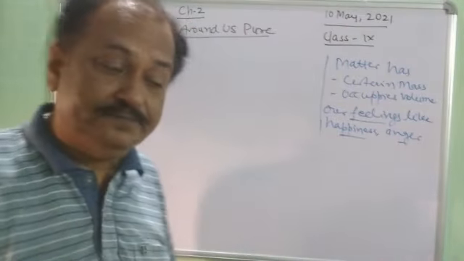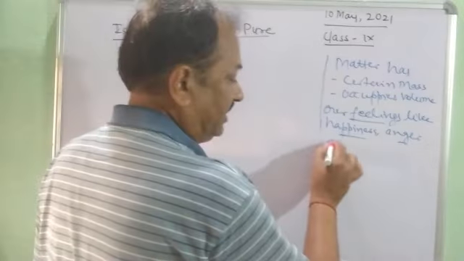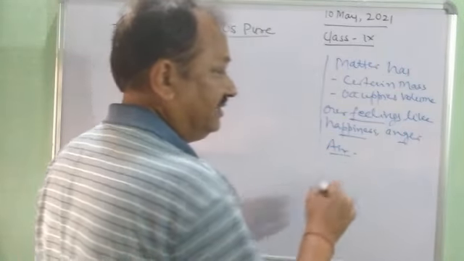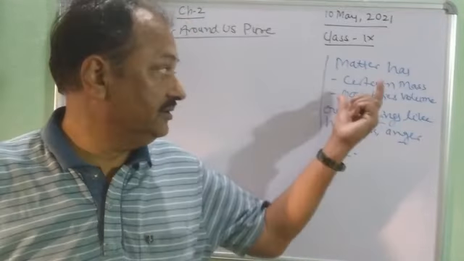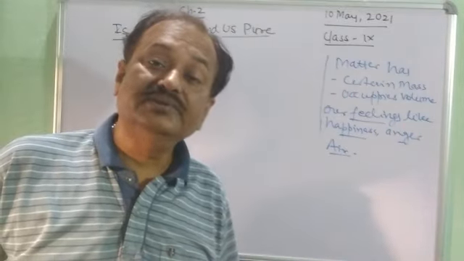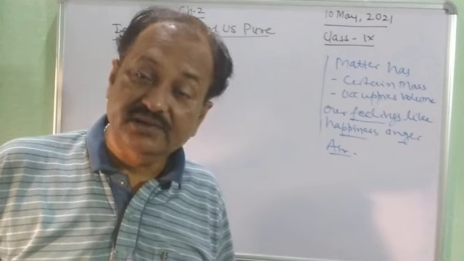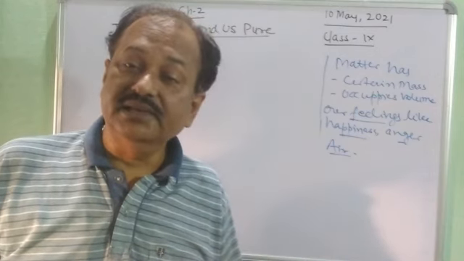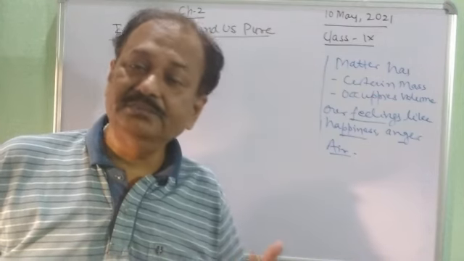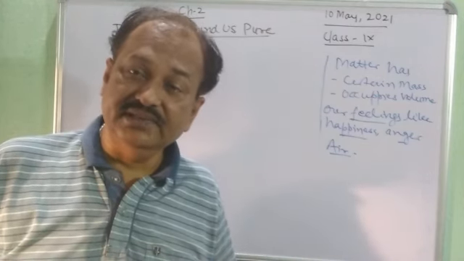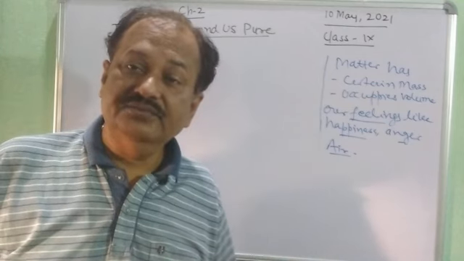Now, on the other hand, children, we have air. You have read in the first chapter, air is matter. Why? Because air can be measured. How? Air can be measured by a balloon or any vessel. It is very simple to take a balloon filled with air and take the difference.